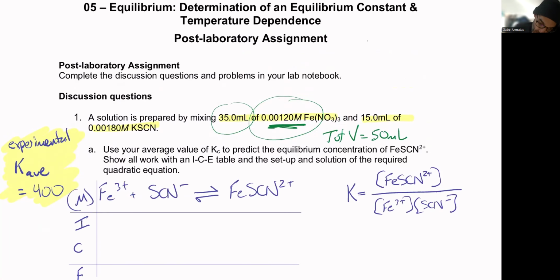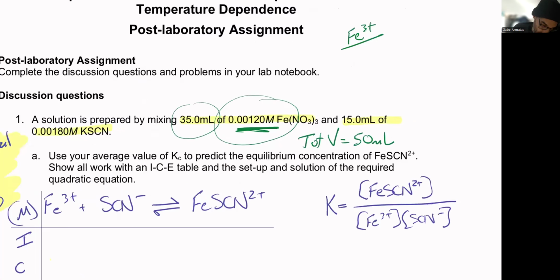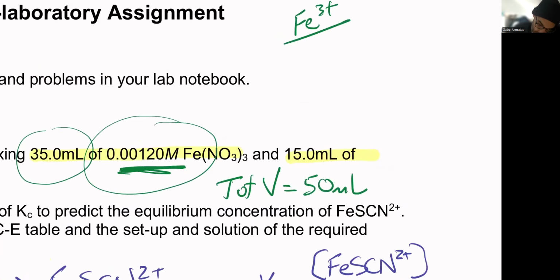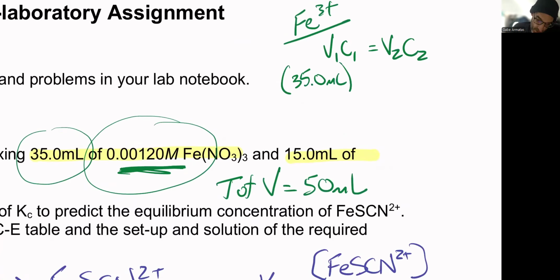I'm just going to do the iron up here, and I'm going to set you loose on the thiocyanate. We are doing a dilution: V1C1 equals V2C2, or V1M1, whatever you want to say. My initial volume is 35 mL at a concentration of 0.00120 molar.